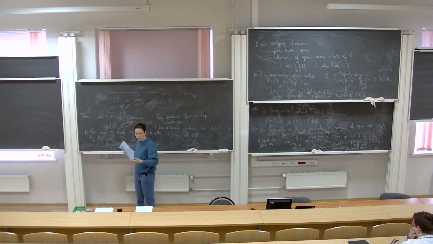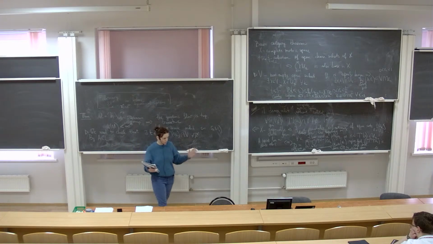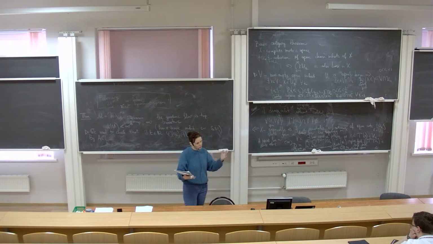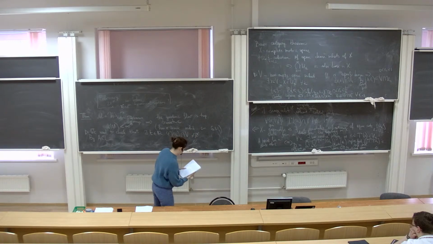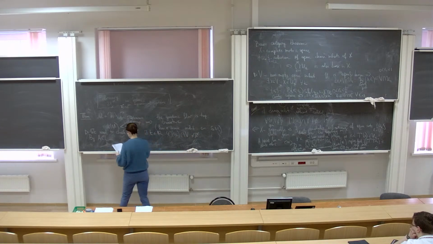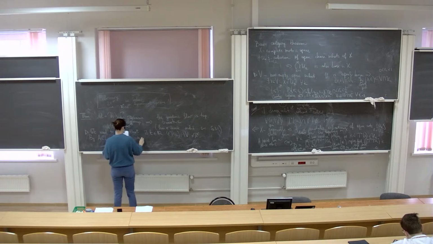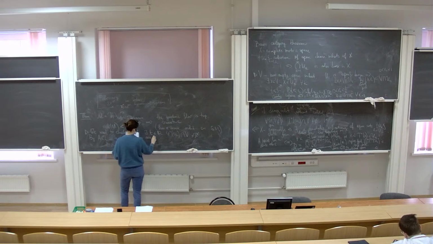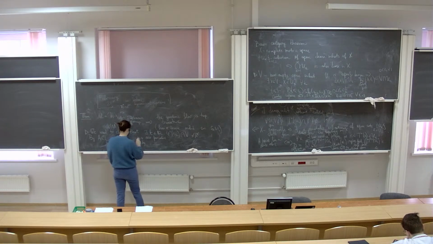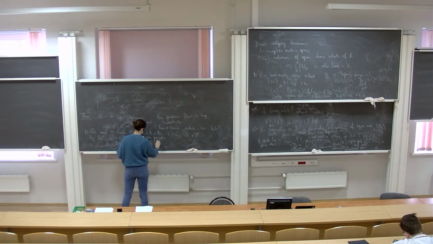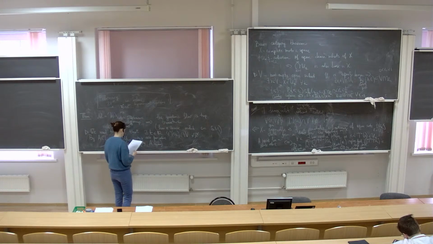So Anosov provides us two different periodic points, one living in U and one living in V. And we have to fix them. So we say that this is U, this is V, and they are periodic. That's great.